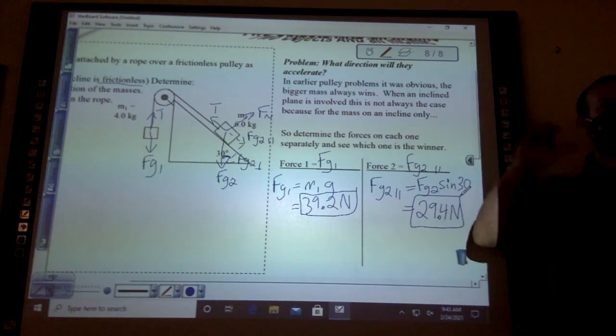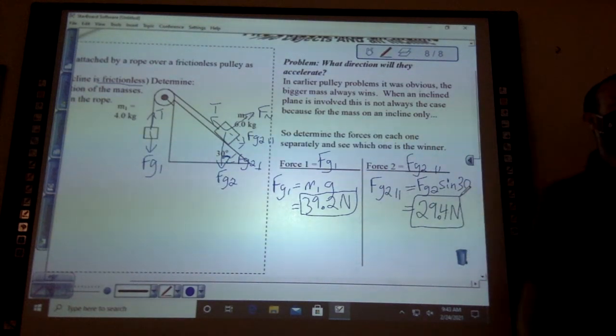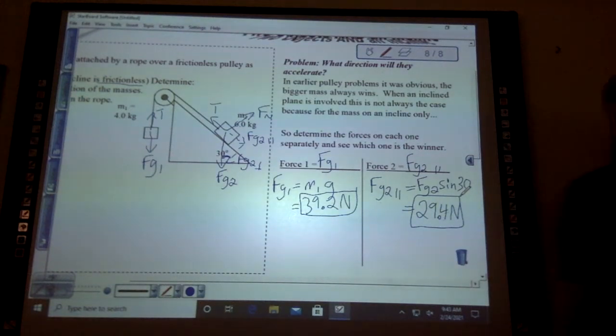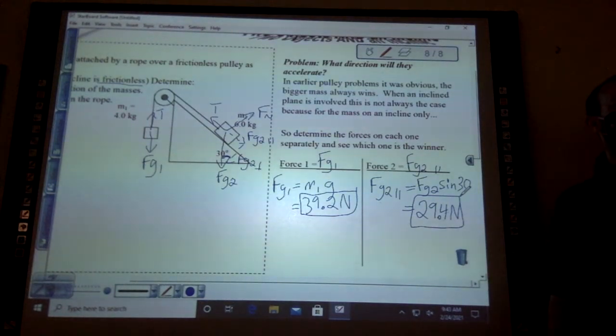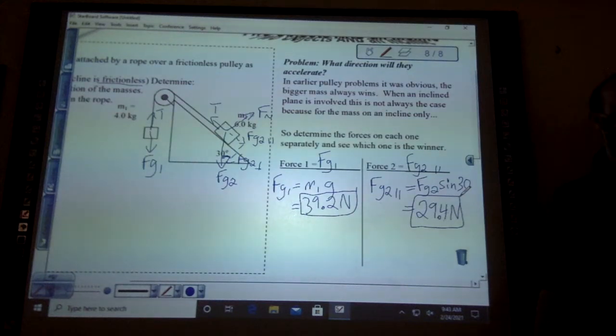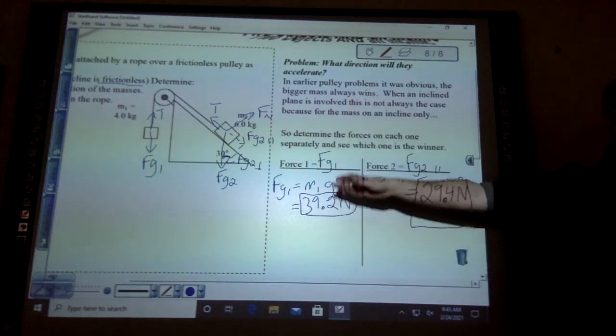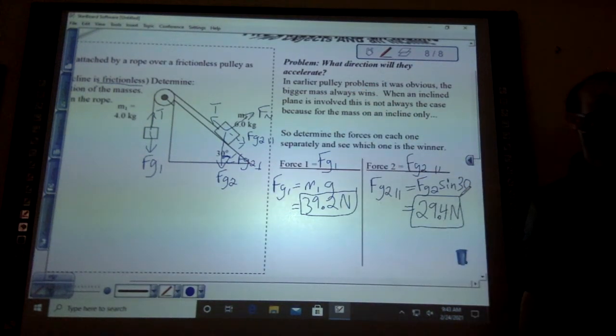Remember, x and y are horizontal and vertical. Okay, so parallel is horizontal and perpendicular is vertical, right? No. Like I said before, we're no longer dealing with x and y, horizontal and vertical, because we have an incline. Forget that.